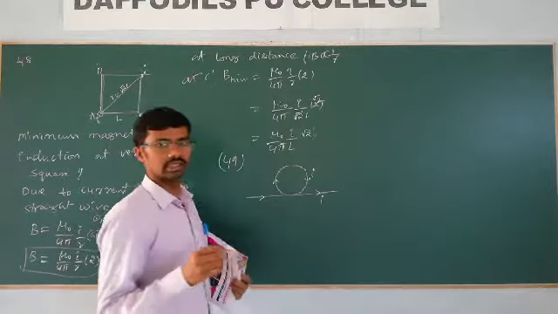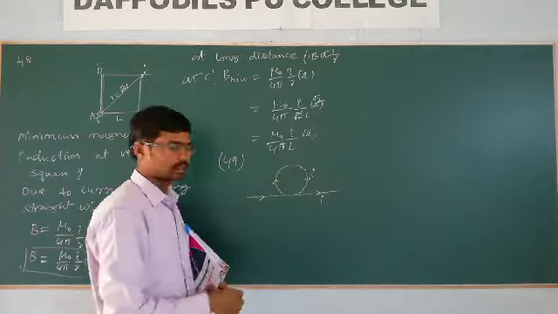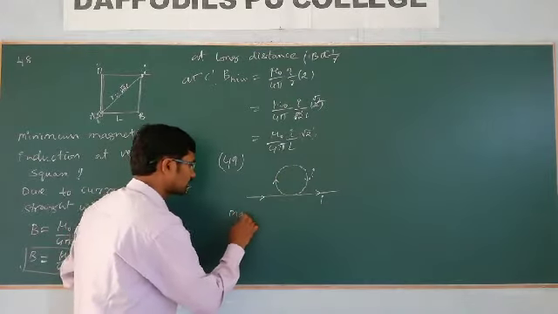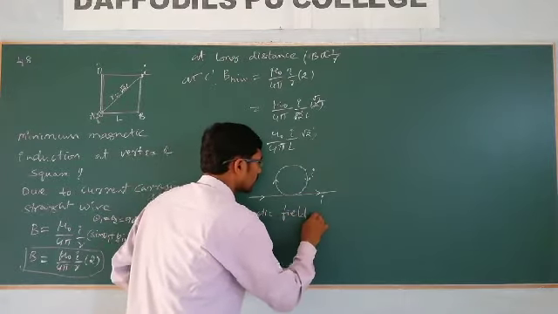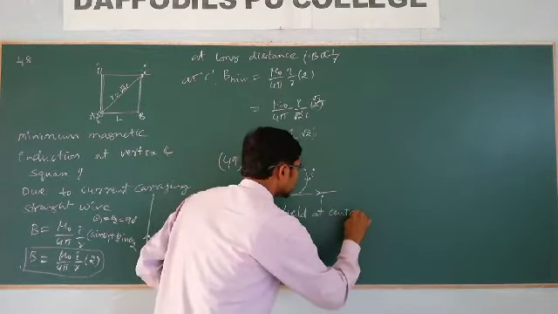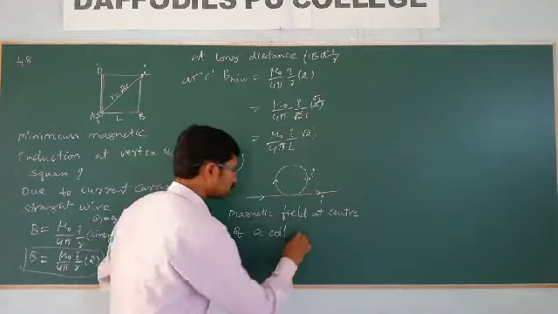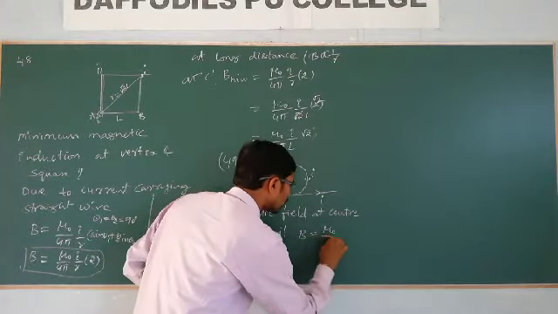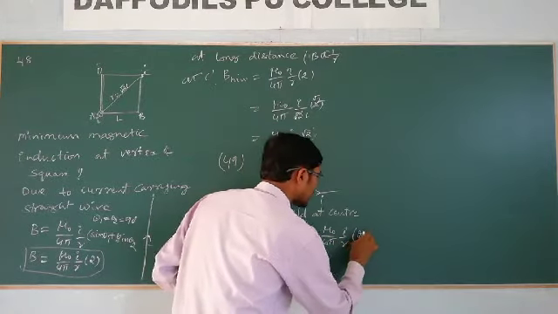Let me remember that the magnetic field at the center of a coil carrying current is B equals mu naught by 4 pi into I by R into theta.